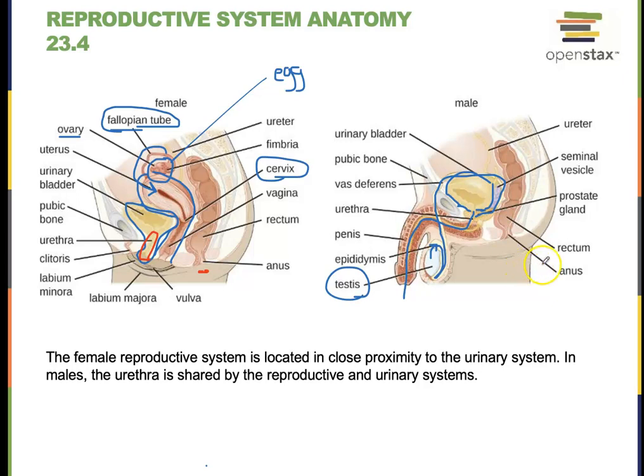Whereas for the male, the rectum is here. There is a really long way, and it's also like a detached opening to the urethra. So for bacteria to get from here to here is going to be more difficult than here to here. And the bacteria have all this way to climb into the bladder to make an infection.